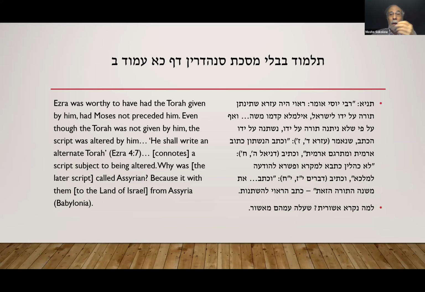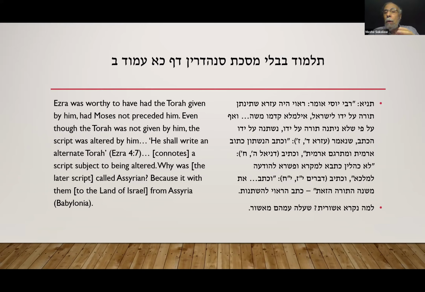Okay. In any event, how could the alphabet change? How could such a substantial and considerable change take place? The Talmud addresses that too, and it says that it was due to the authority of Ezra.